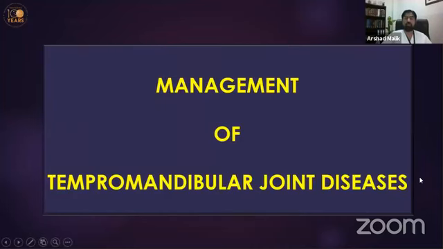If you have the concept of temporomandibular joint diseases, then you can understand that the majority of temporomandibular joint diseases are in relation with the joint disc, the joint apparatus itself, the temporomandibular joint as a whole, then the masticatory muscles associated with it, and neuromuscular problems.